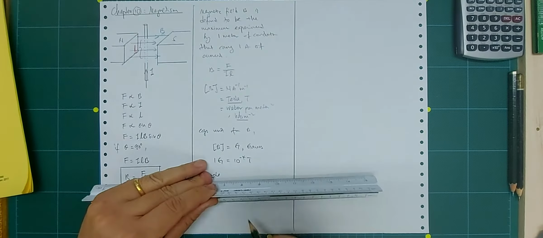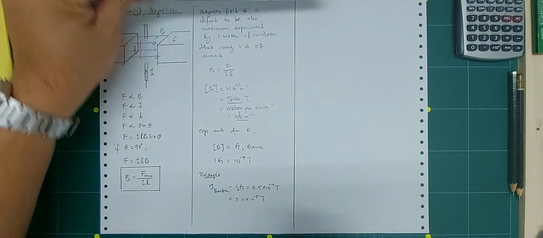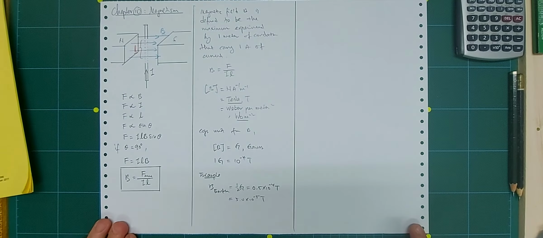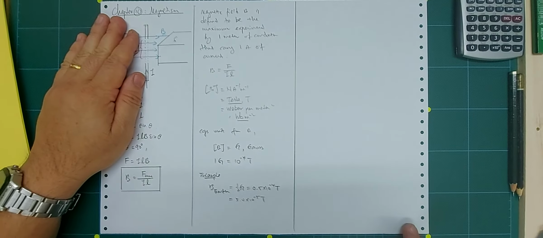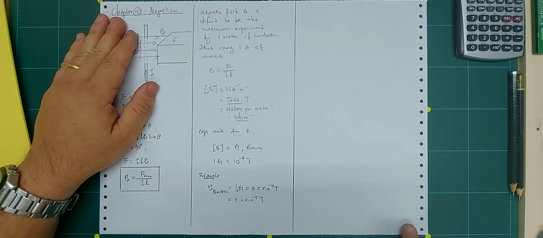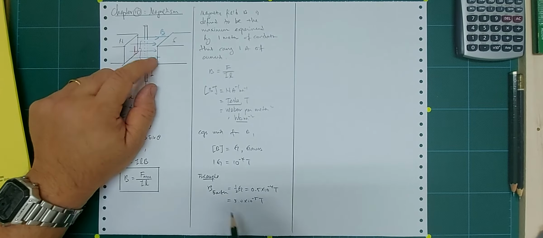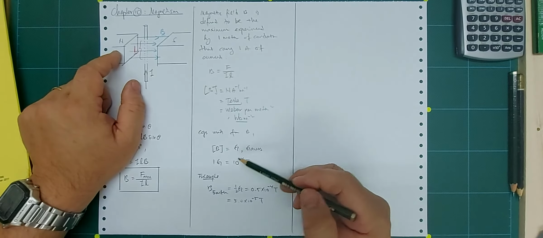This is our magnetic field near the Earth's surface, because the further you go away from the Earth's surface, it becomes weaker. Now, that is an example of the other unit, CGS.